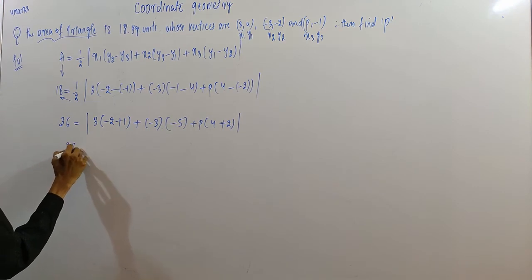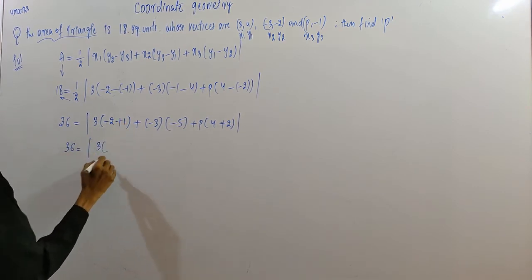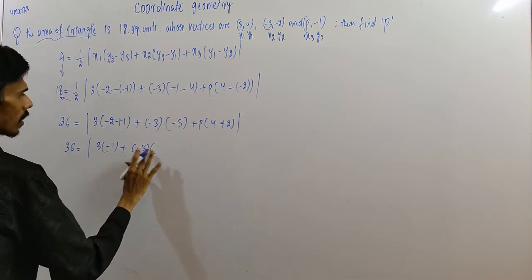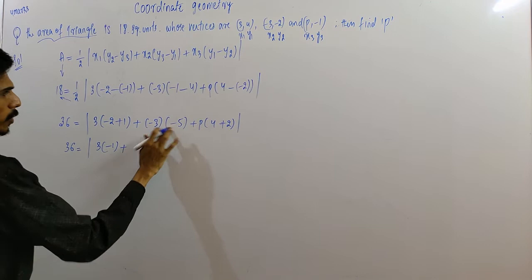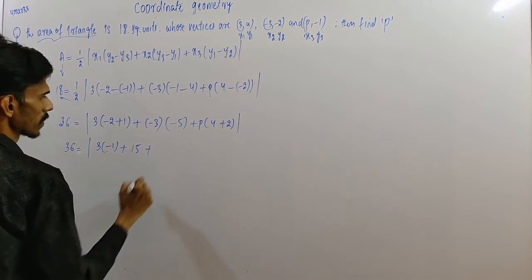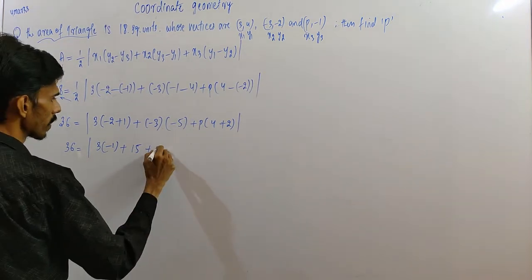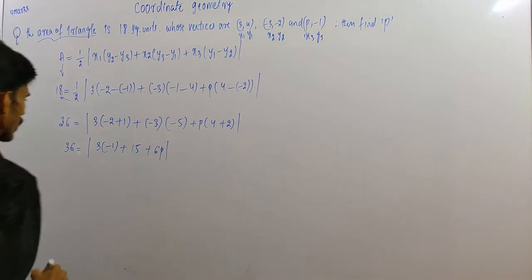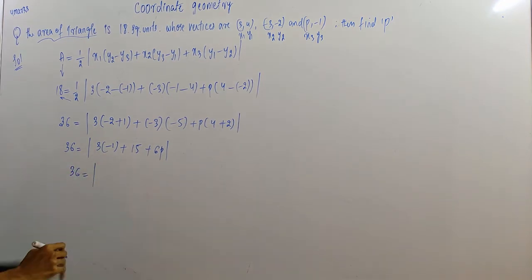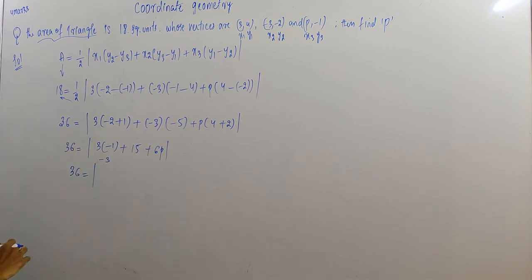Now we have 36 equals mod 3 into 2 minus 1 we have -1 -3, multiply, minus into minus plus, 3 fives are 15, plus 4 plus 2 we have 6 into p, 6p. 3 into -1 we have -3, 15 minus 3 we have 12.